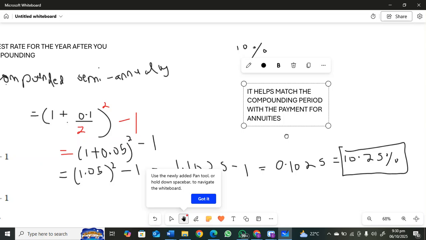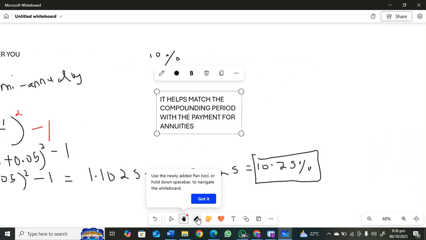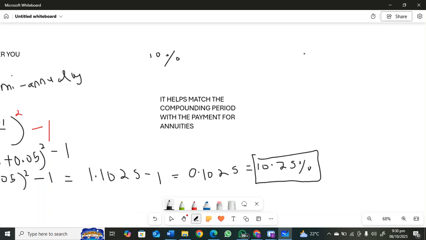For example, the interest rate is 10% compounded semi-annually, right?